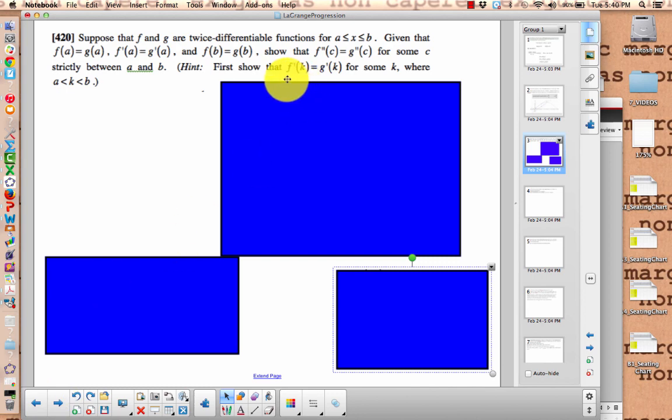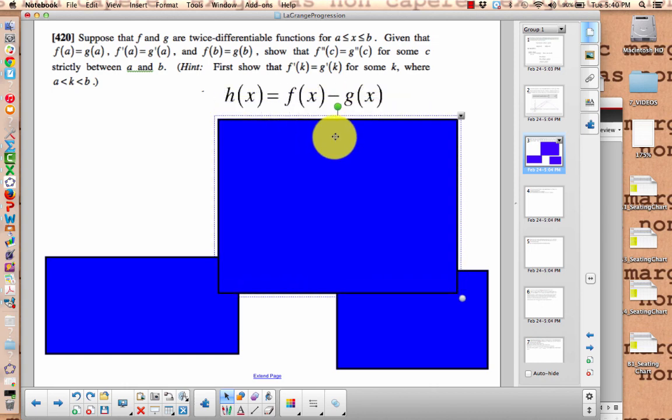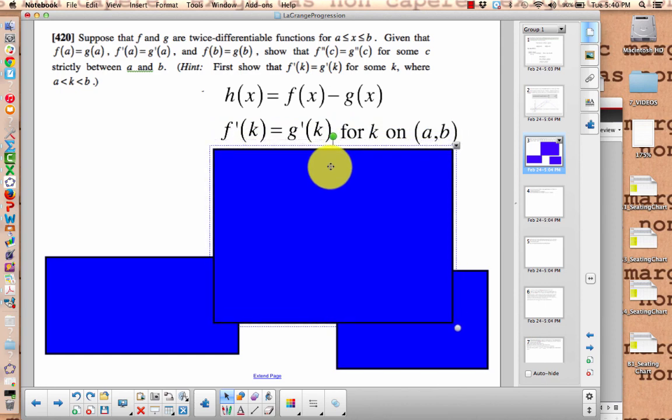That's what it's first asking you to do. From the results a few slides ago, we use the same idea. h of x is f minus g, and by the logic of 2 slides ago, there is a place where the derivatives are equal. We won't go through all the details because we've already done that.